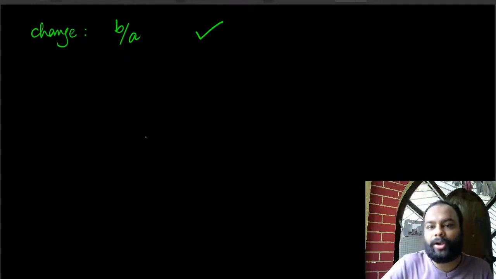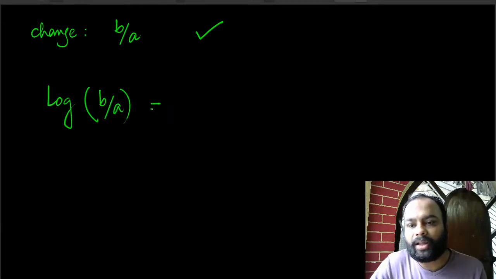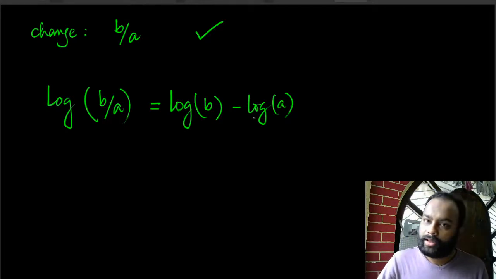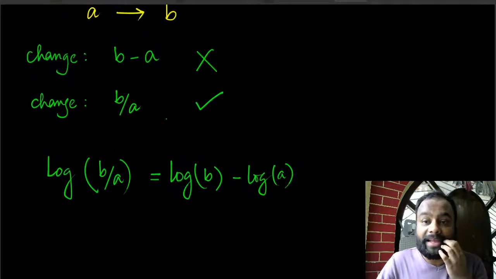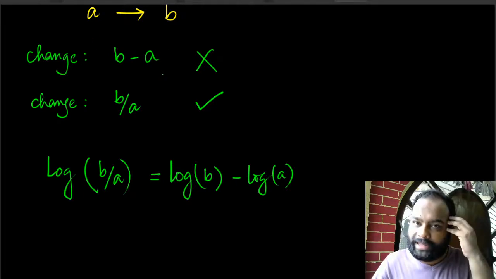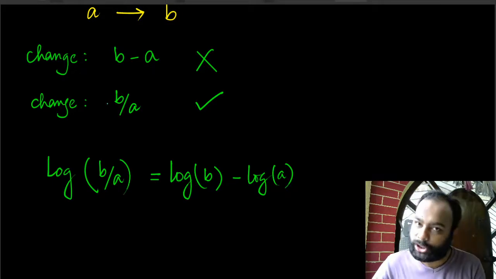Now if I apply log on this, logarithm has a very wonderful property: this becomes log B minus log A. We do not feel the change as absolute differences, but as ratios.